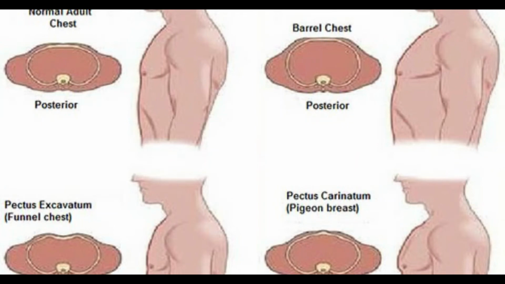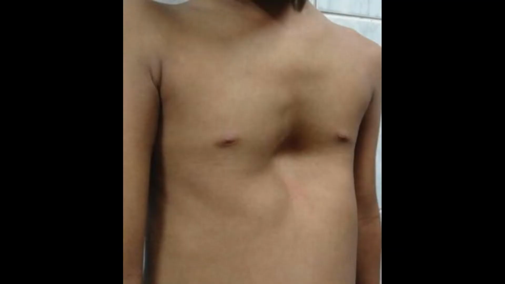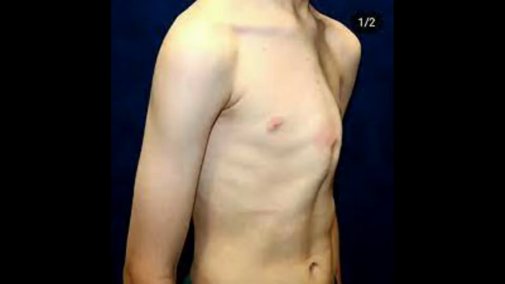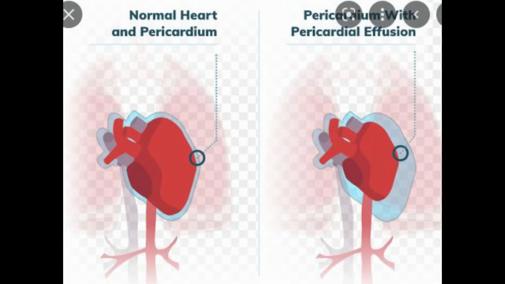Next we have to examine the precordium for any abnormal precordial bulge or depression, because there may be some pathological conditions that lead to bulging of the precordium, as in pericardial effusion, aneurysm of aorta, congenital heart disease, mitral stenosis, or right ventricular dilatation.